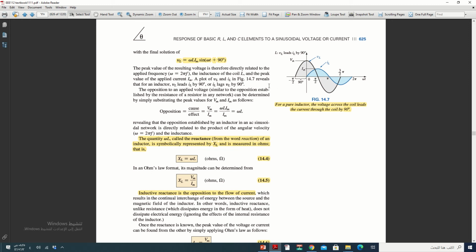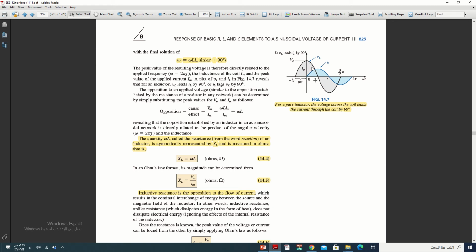If you remember, for this voltage and this current, who leads the other, or who lags the other? From the last chapter, the curve that reaches zero first leads the other.